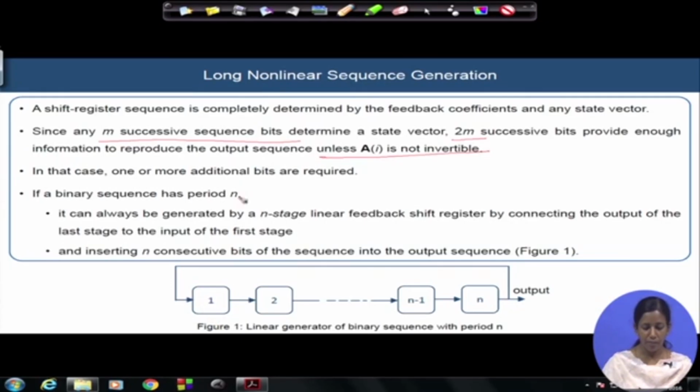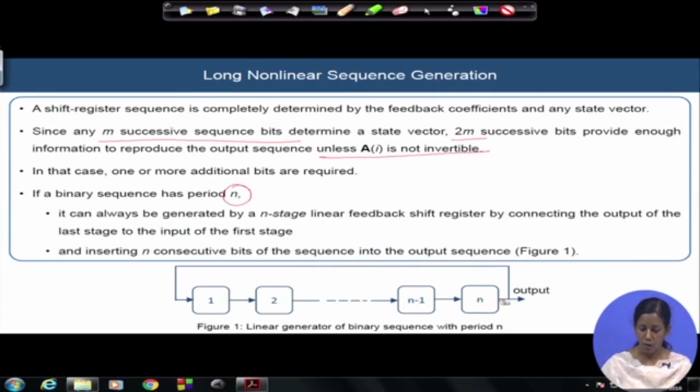So, for a binary sequence which has a period of, say, n, that can always be generated by some n-stage linear feedback shift register, by connecting the output of the last stage to the input of the first stage as shown in figure 1, and by inserting the n consecutive bits of the sequence.